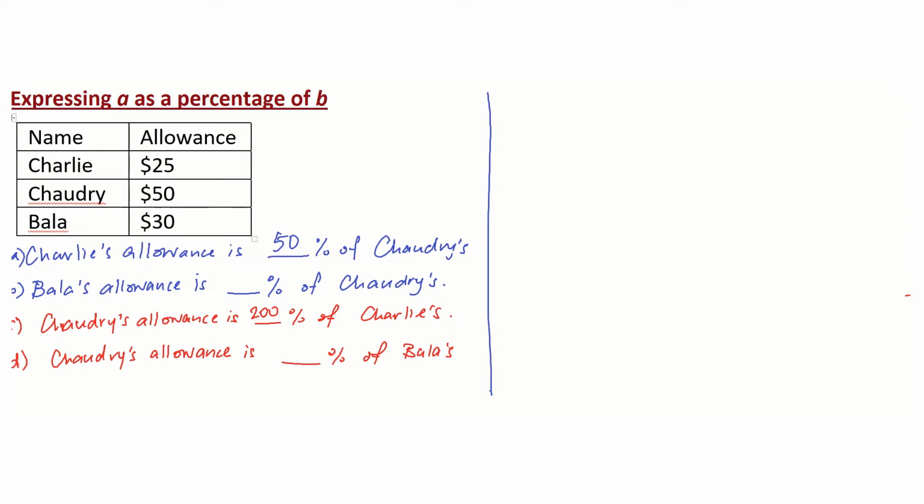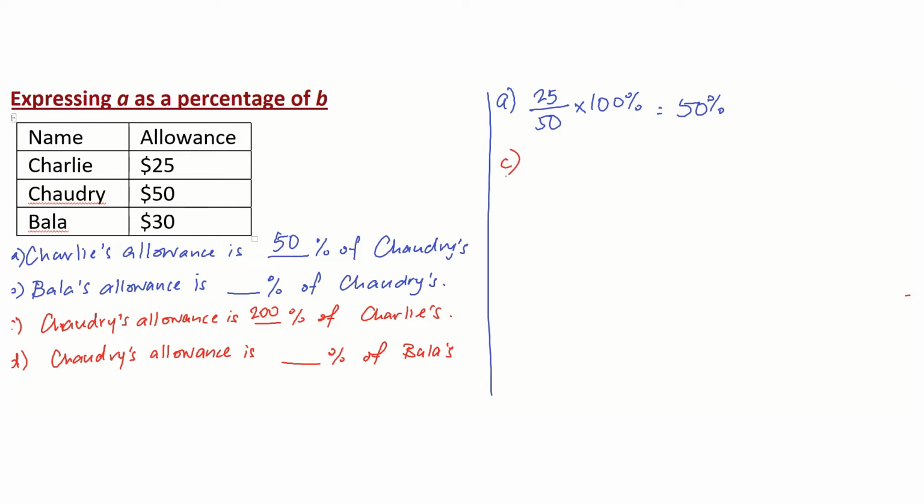Now, before I introduce this form of calculation to you guys, maybe I'll convince you that it works for part A and part C as well. So I'm going to compare Charlie's allowance with Chowdhury's for part A, using Chowdhury's allowance as the main base of comparison. So I will use Chowdhury's allowance in the denominator and Charlie's allowance in the numerator. Convert this to percentage, and that gives me 50%, which is what we've agreed upon earlier on.